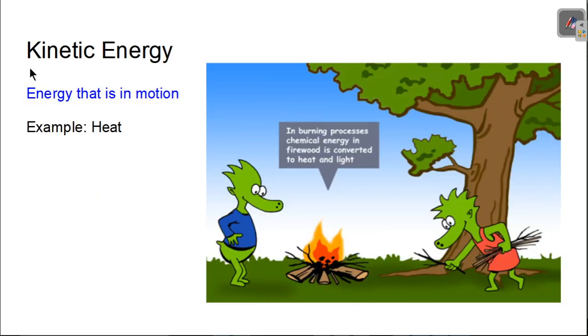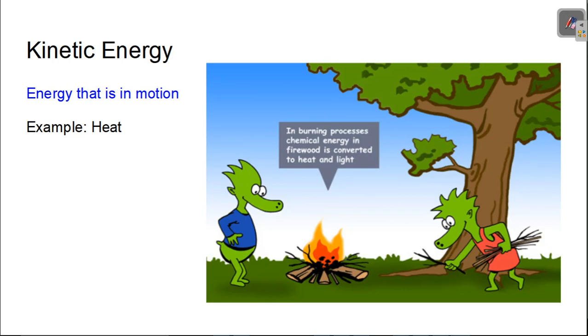So the other kind of chemical energy you're going to be learning about is kinetic energy. And if you do physics, you're going to see them again. So kinetic energy is energy that is already in motion. And remember that motion translates into work. If you remember from when we talked about work, what that was, or energy is the ability to do work.